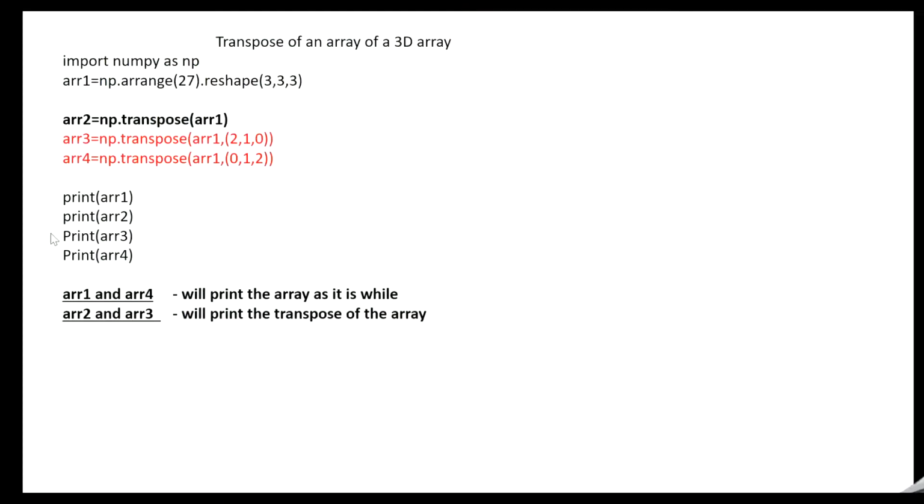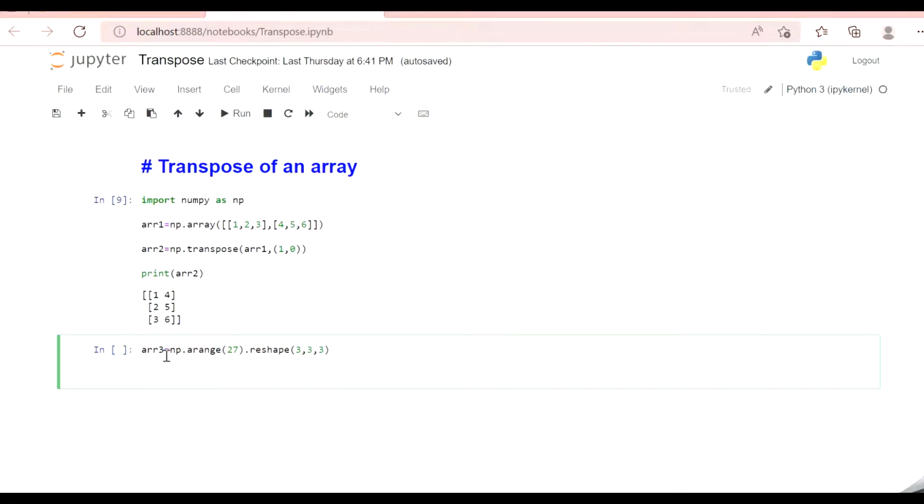And now let me take the transpose of array 3. Array 4 is equal to np.transpose of array 3. Print array 4.